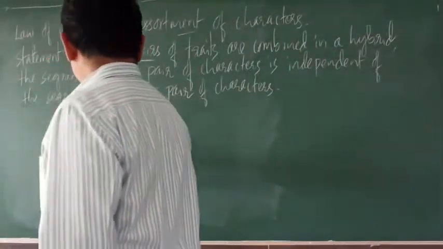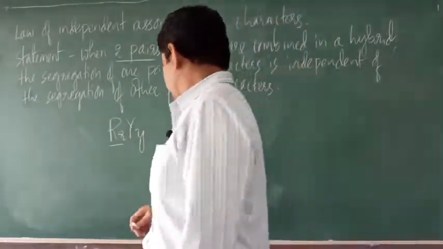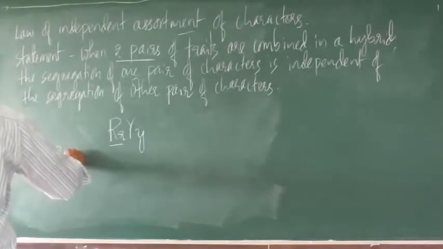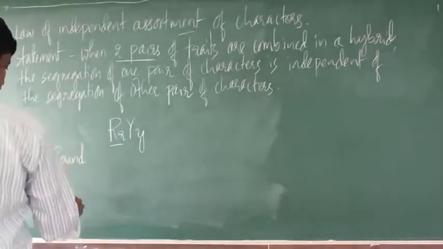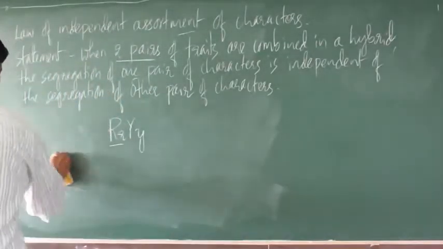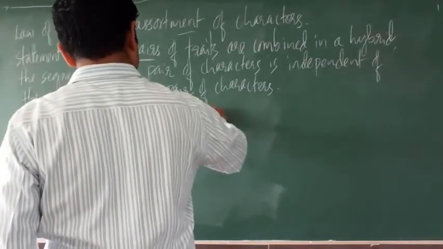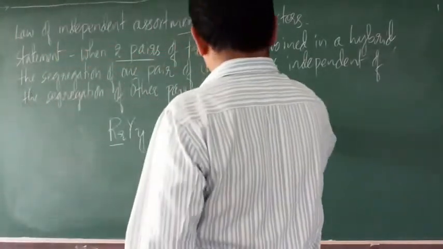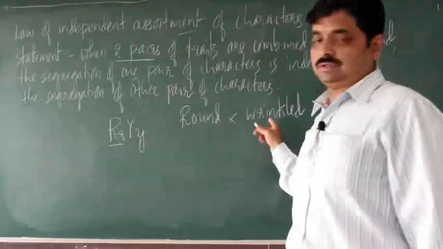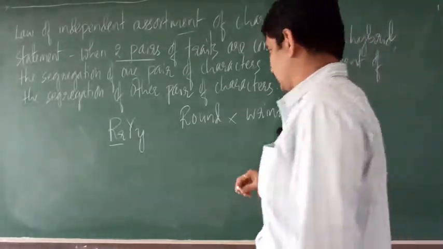The first pair: you consider this first pair of genes, round and wrinkled, is the one pair of contrasting characters.